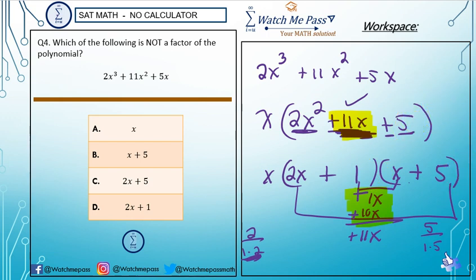Now, this method is just used to see if you can calculate and get the middle term, which in this case we can. Because let's say you didn't get 11x. Then you may consider, hey, let me put the 5 over here and the 1 over here.